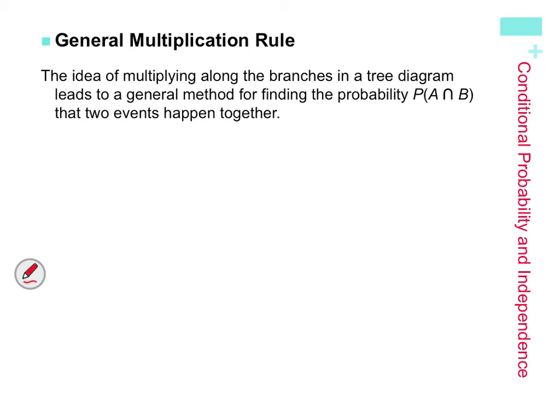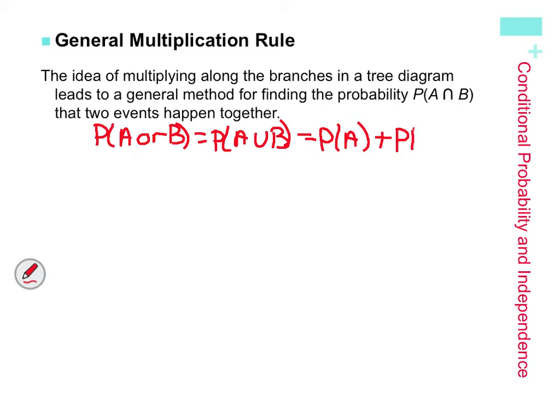Okay, so let's suppose now that A and B are two events resulting from the same chance process. Then the probability of A or B, hang on, let me just write some stuff down for you. We know that the probability of A or B, the probability of A union B, is found by taking the probability of A plus the probability of B, and we subtract out that overlap, the intersection of A and B, okay?